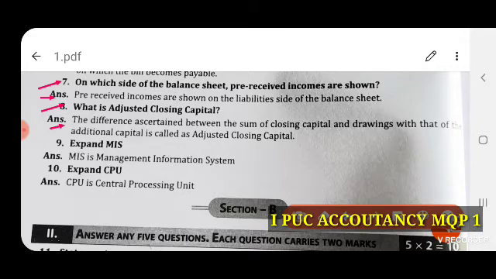The format: closing capital, add drawings and less additional capital. Once you minus additional capital, this amount we can ascertain, that is adjusted closing capital. And question numbers 9 and 10 you don't have as per your reduced syllabus.